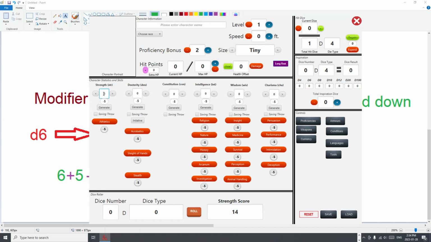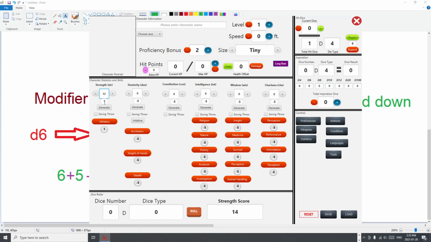For example, if I type in 10 here, and yes, the program is designed to accept ridiculously high scores. It is done by design. It is not an accident. 10 here yields a 0. 11 yields a 0, so that is the first increment. 12, that is the second increment.